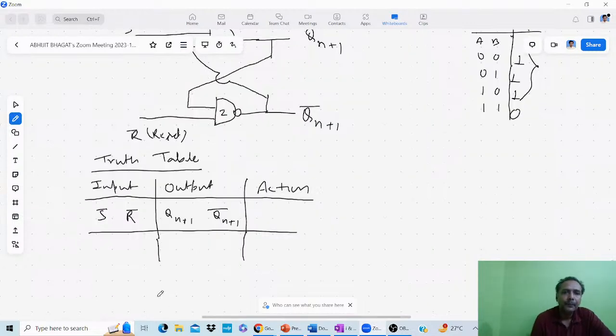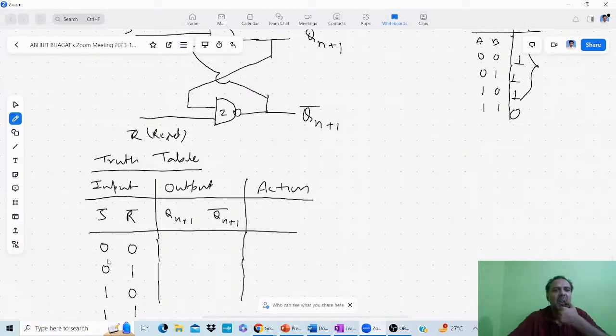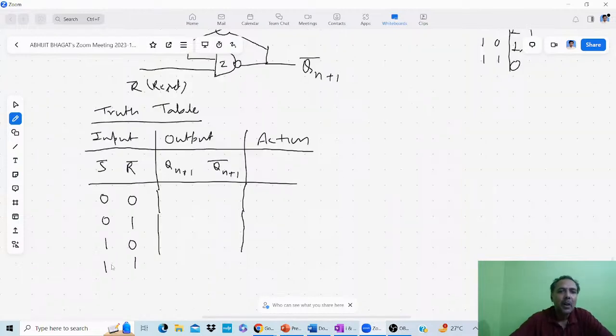By using the S and R, how many combinations will be there? 4 combinations, either 0 0, 0 1, 1 0, and 1 1. Clear?